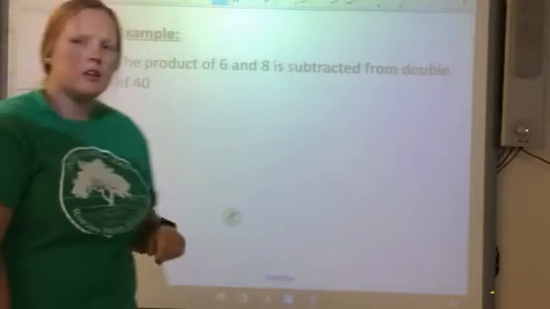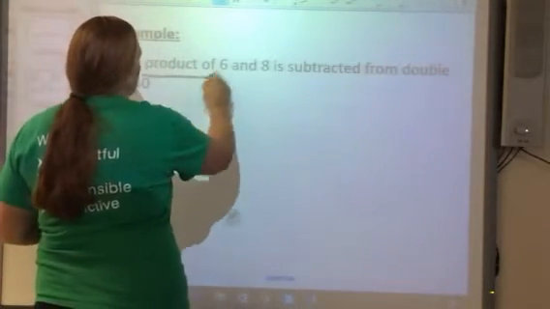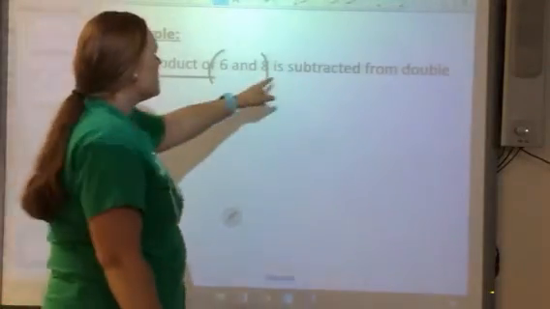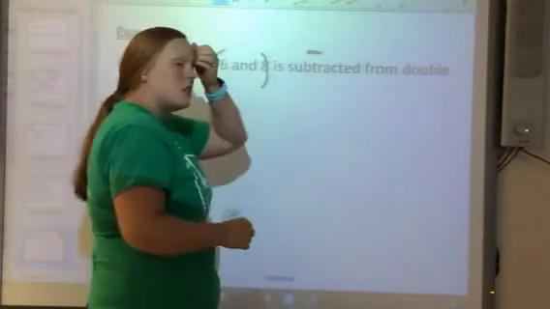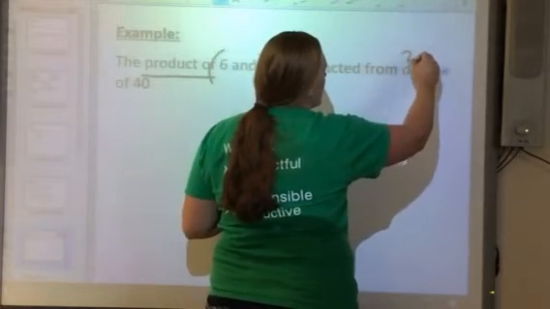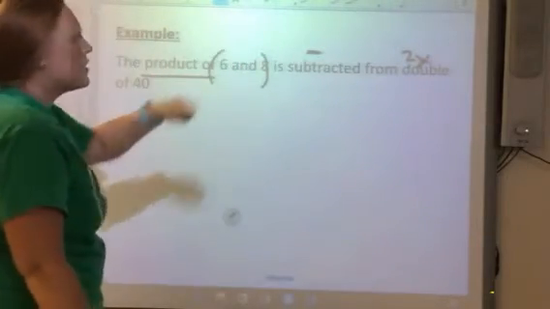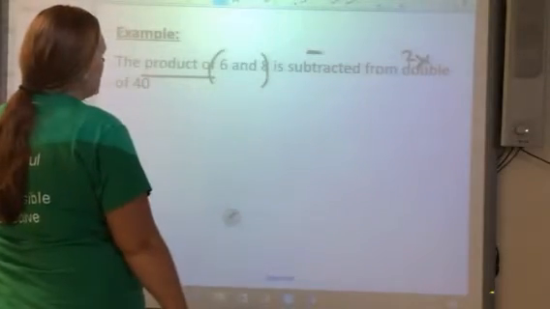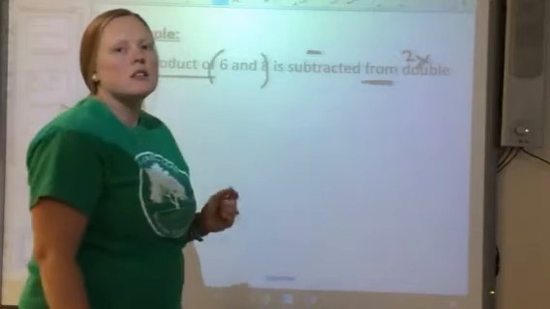Another example: the product of 6 and 8 is subtracted from double of 40. "Product of" tells me I'm going to put these in parentheses. Double means 2 times. When I put this all together with my numbers and symbols, I have to be careful with subtraction.